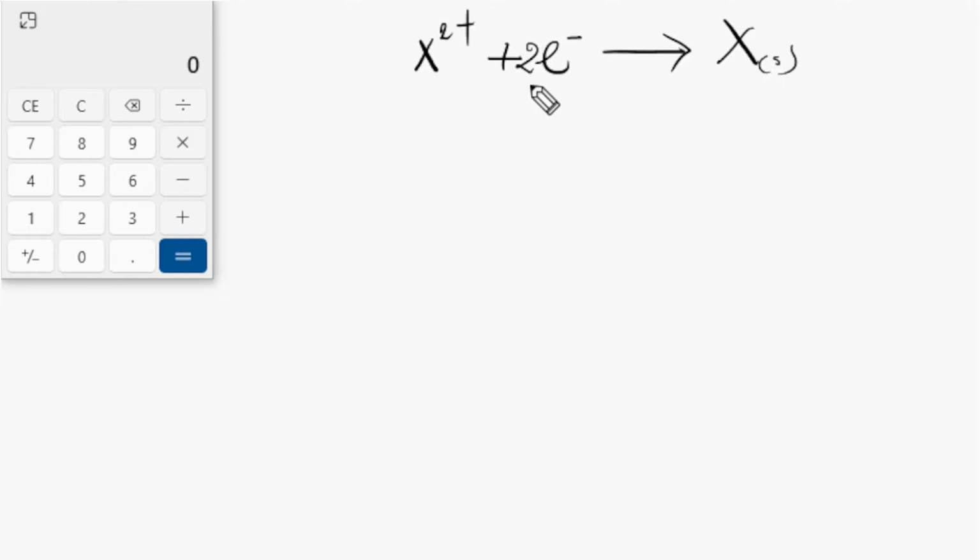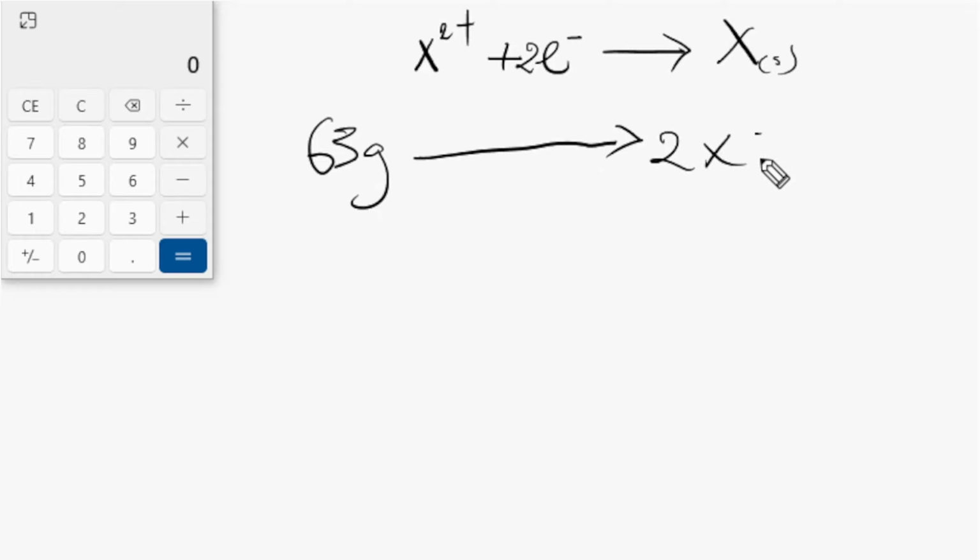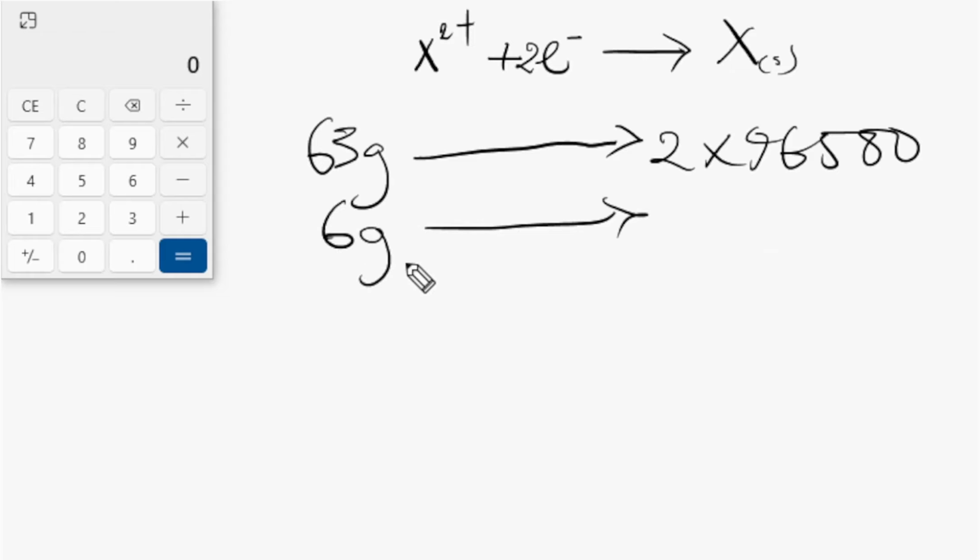So if this is the case, we are given the atomic mass of X to be 63, which indicates that 63 grams of X is going to require 2 times 96,500. So guys, I believe you should have been familiar with this by now.